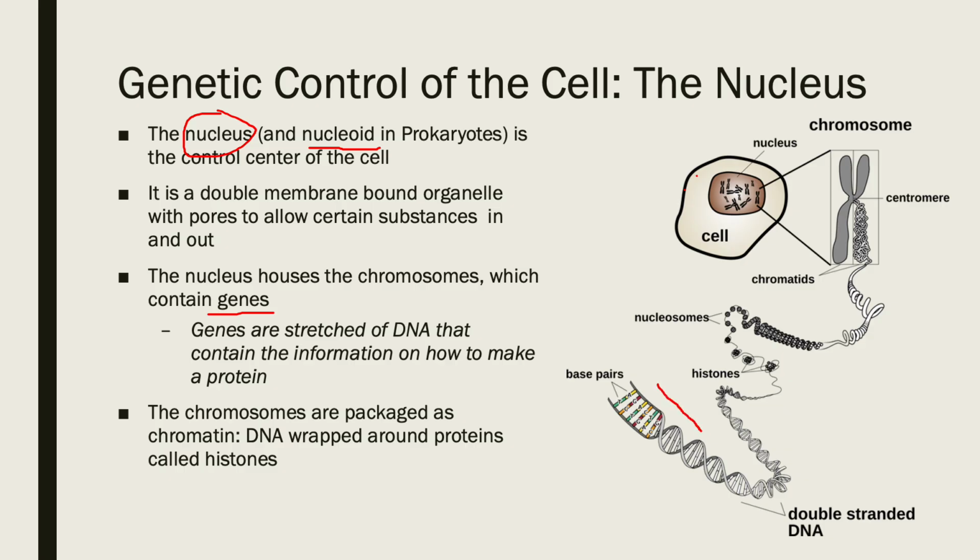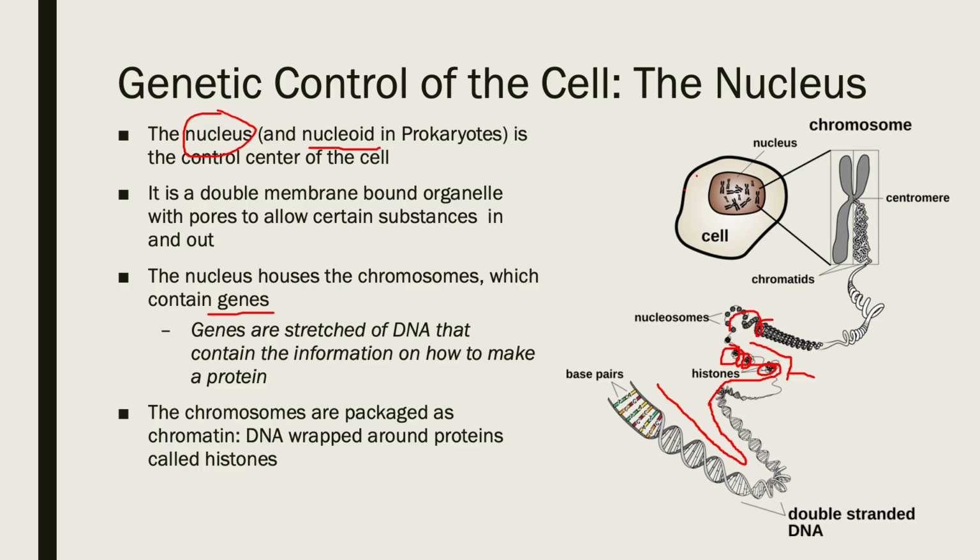So here we have naked DNA, a double helix. This was one of our macromolecules, a nucleic acid that we learned about in chapter 3. Naked DNA will wrap itself around little proteins called histones, and this just helps to package the DNA later. And it is this protein DNA complex that we call chromatin.